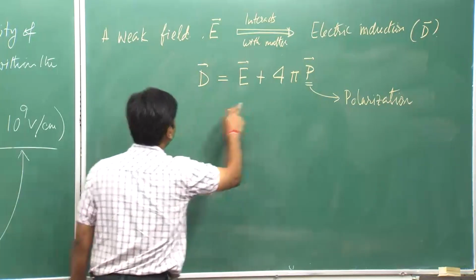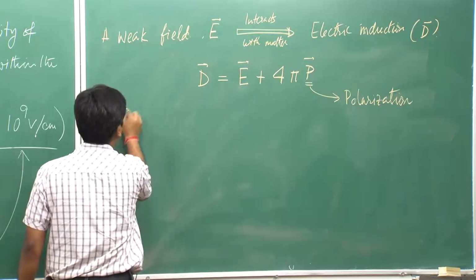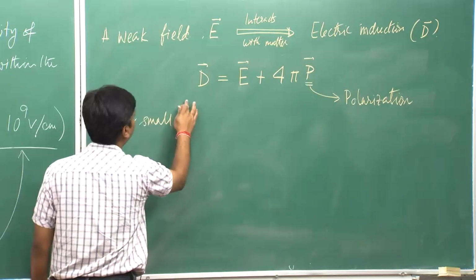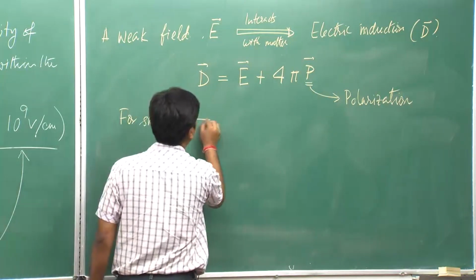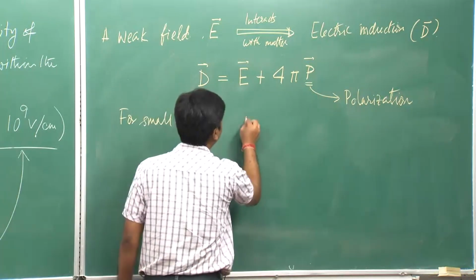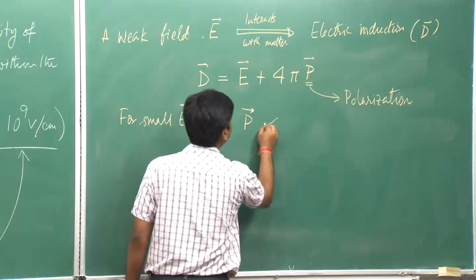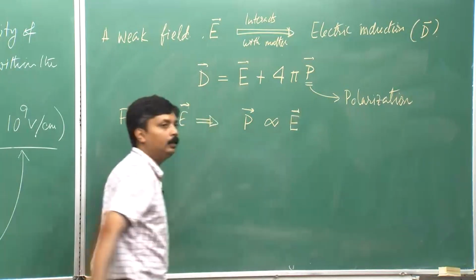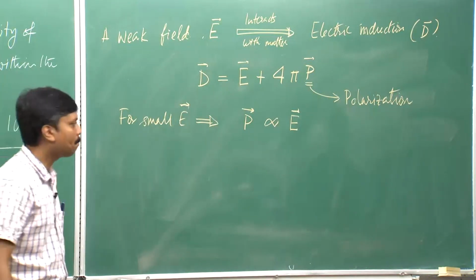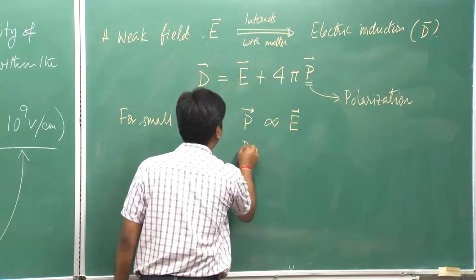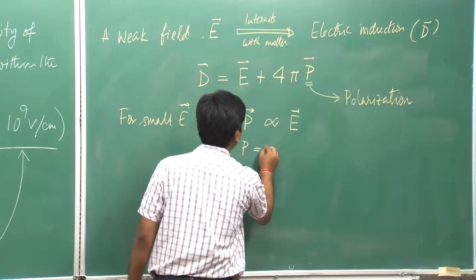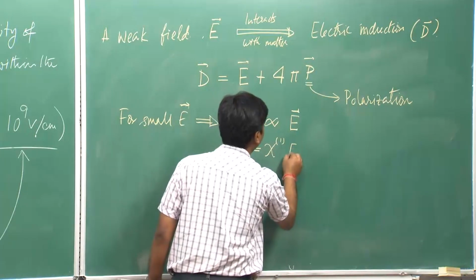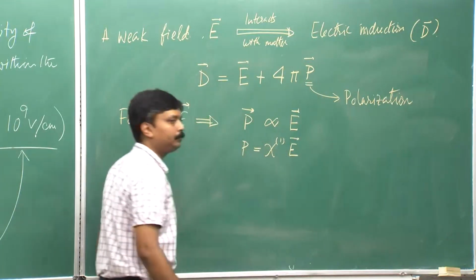For small E, this polarization P is proportional to the input electric field intensity E, and I can write equality as this.